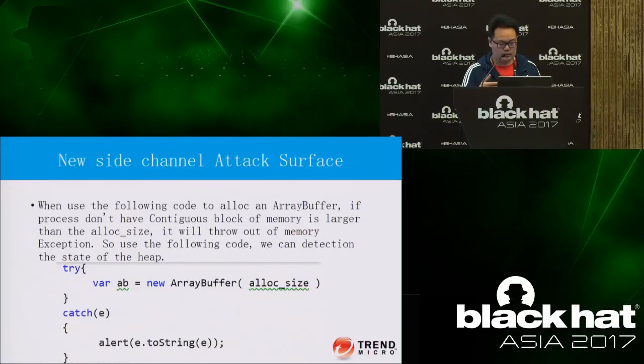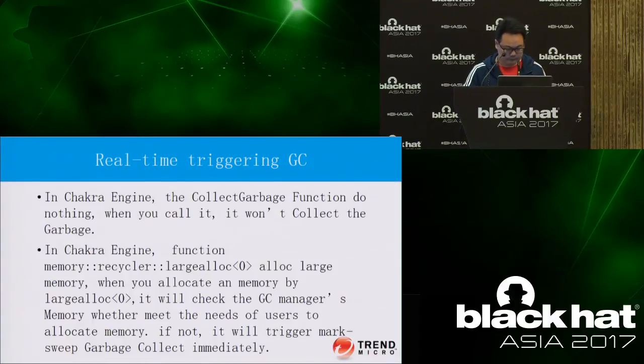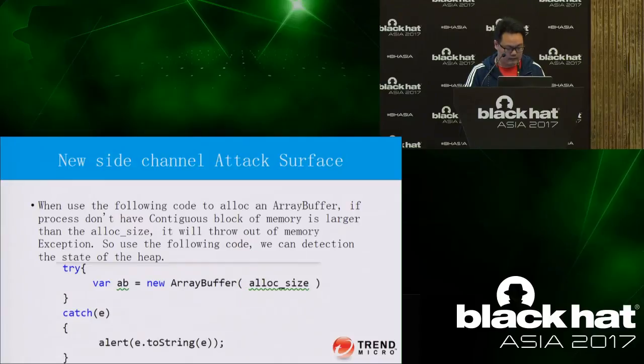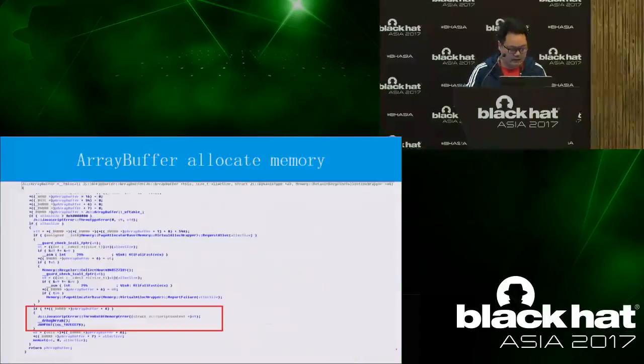Before, we introduced that Microsoft added the abandonment out of memory function. But why in this code can we throw an out of memory exception? We can see the ArrayBuffer's definition in code.